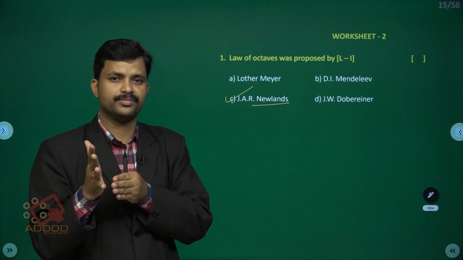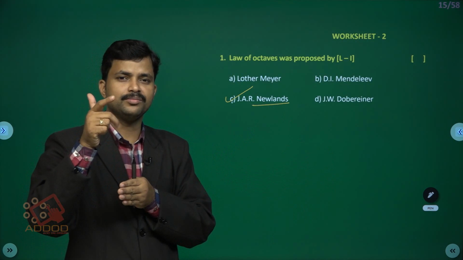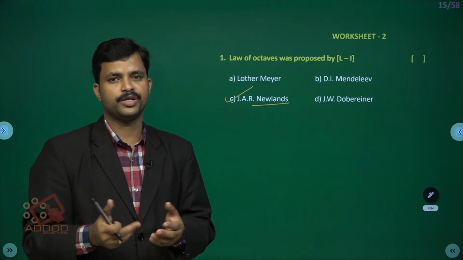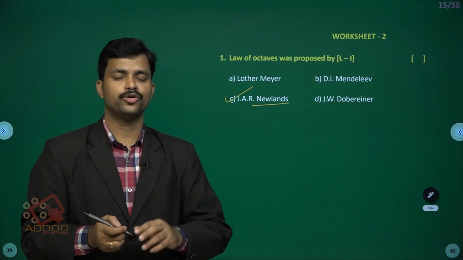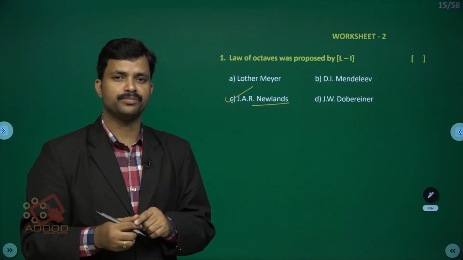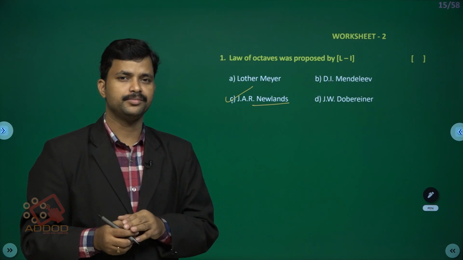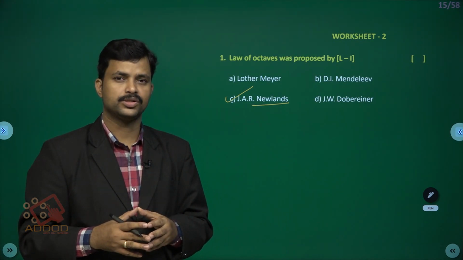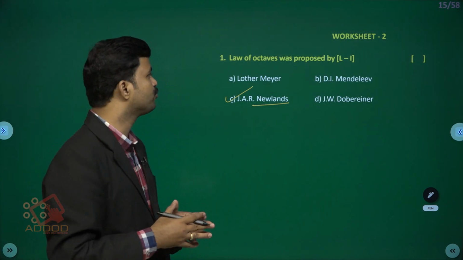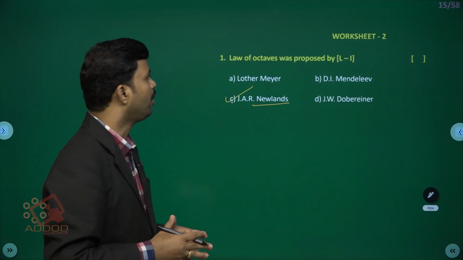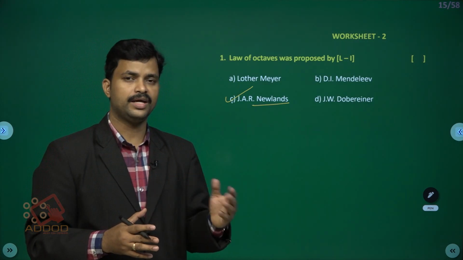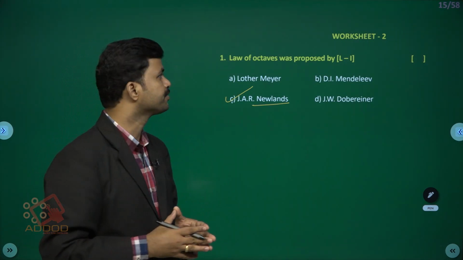Then after that sodium: the first element is lithium, the eighth element is sodium, with similar properties. Similarly, take beryllium and magnesium: give 1 to beryllium, magnesium will be the eighth element. Up to calcium this principle is valid. Law of octaves: the first element and the eighth element are similar in properties.